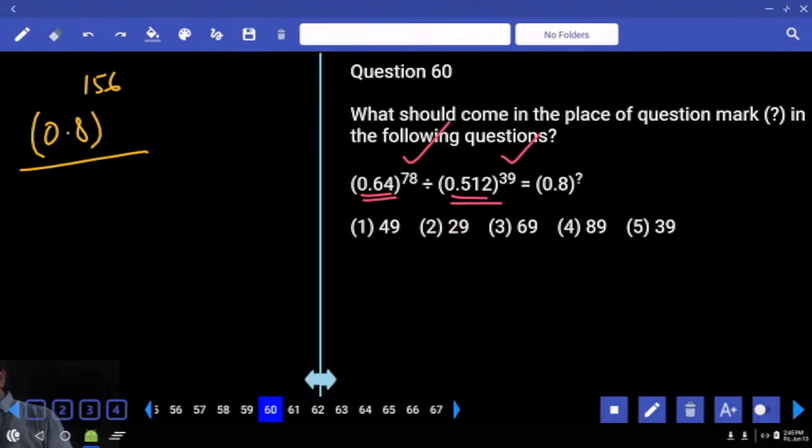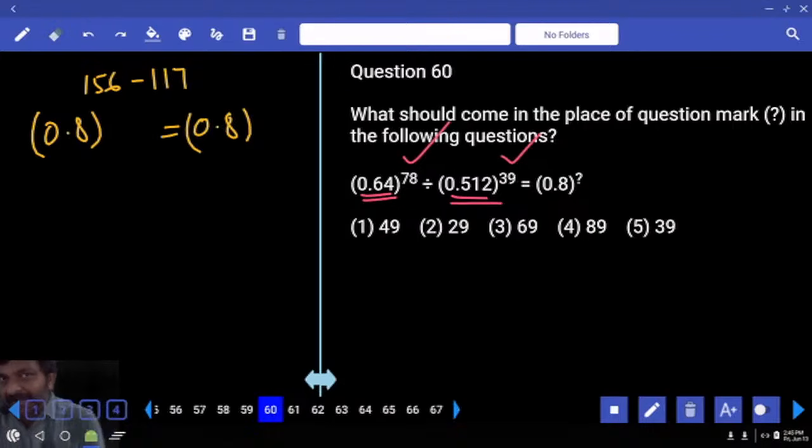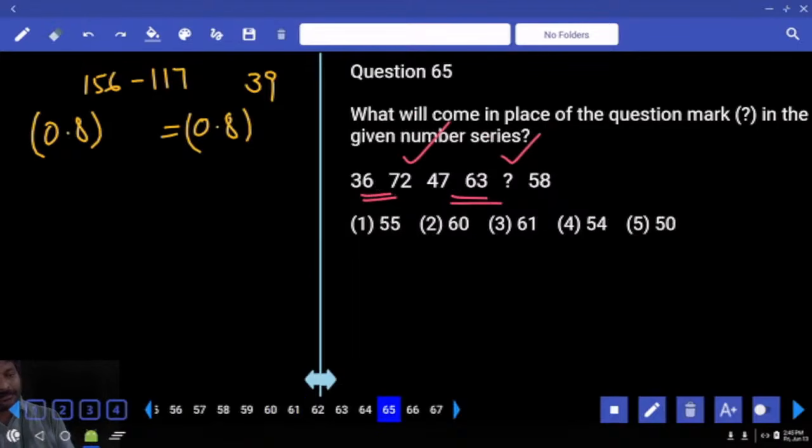That should come in the denominator, right? So in the exponent we can directly subtract 117. 117 is subtracted from 156. 100 cancel. 56 minus 17. 39. Over.